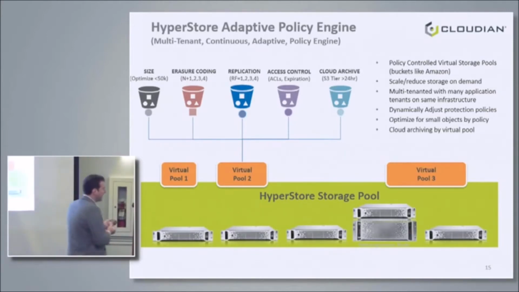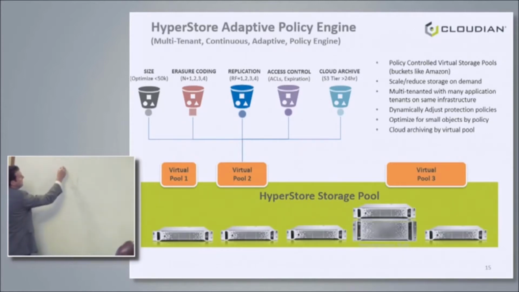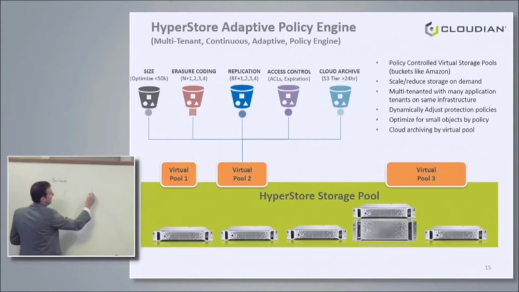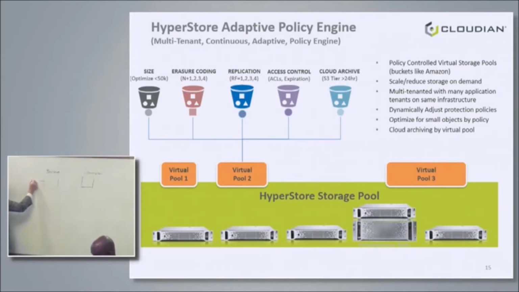What's really important is not all applications are the same. If I've got an application up here, which may be a backup application, and I've got another one, which may be a smaller amount of data, which is collaboration. Those have different needs in terms of storage. In fact, for this one you care a lot about capacity efficiency.